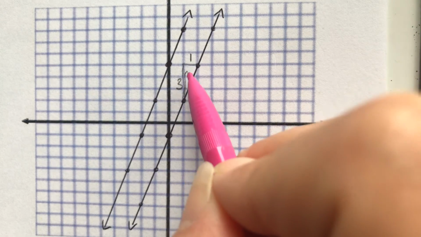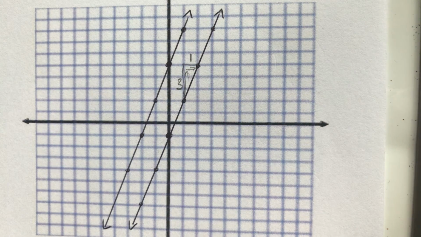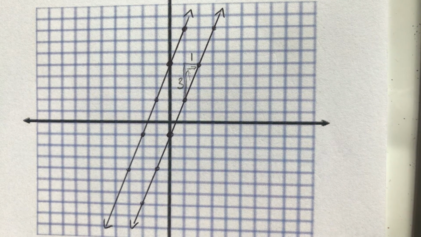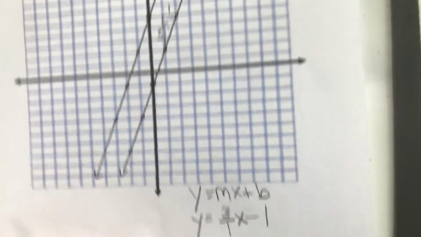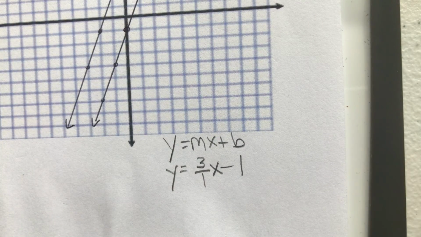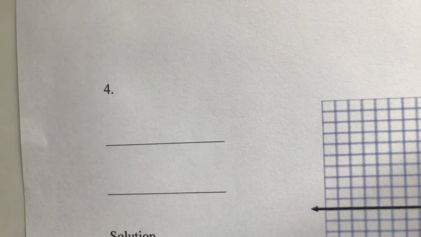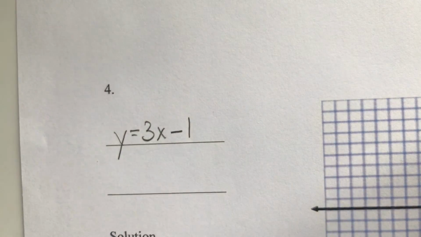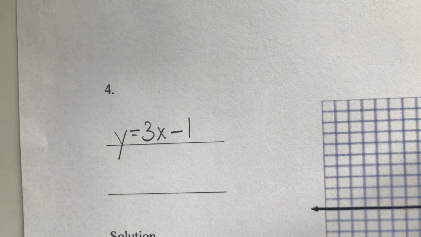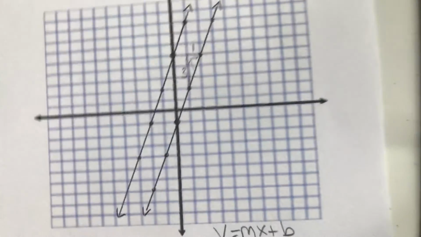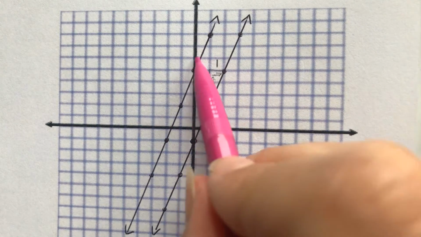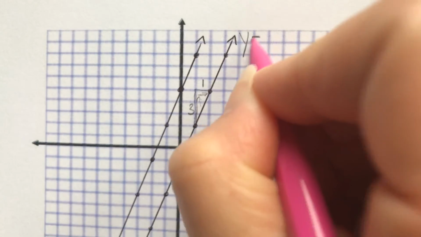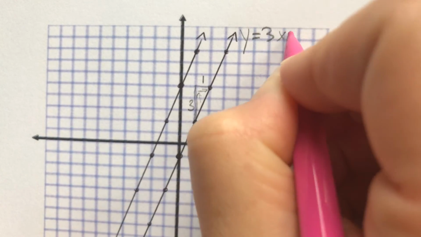That's up positive, right positive. So I have a +3 over 1. I don't forget my x. 3 over 1 can just be written as 3. So y equals 3x minus 1. I'll label it y equals 3x minus 1.